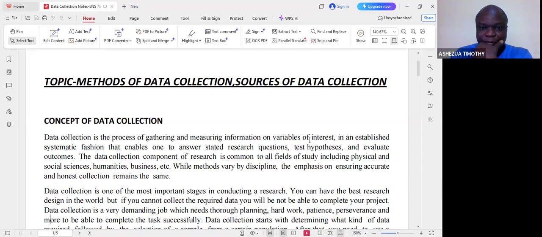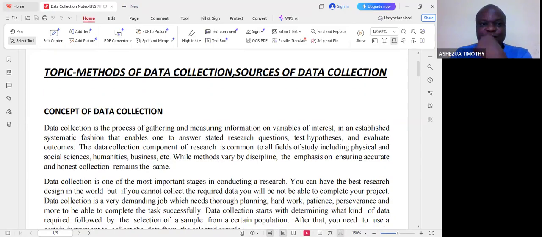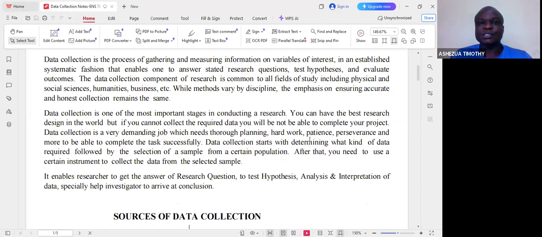So data collection is a very vital component of research in all fields you can think of. Data collection is very, very critical. Even those people that read English, you see their thesis have some tables.